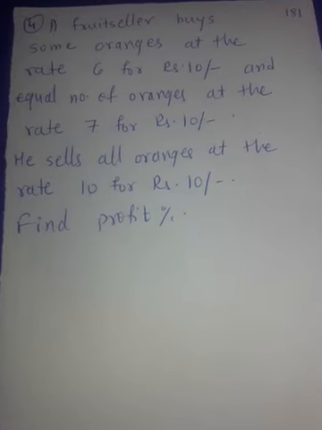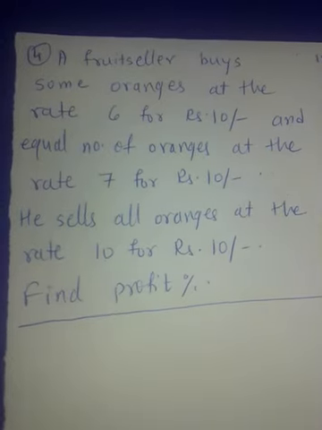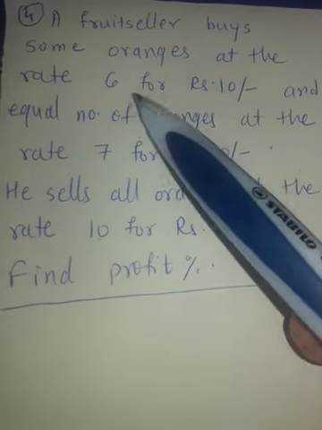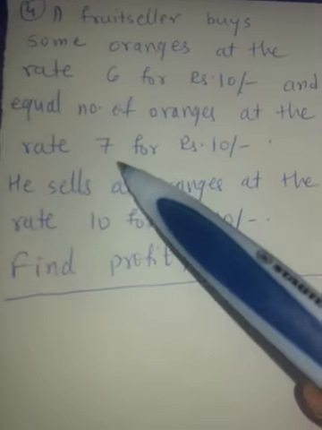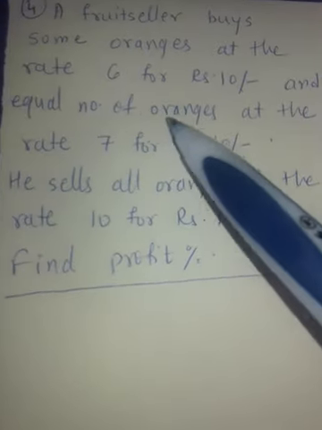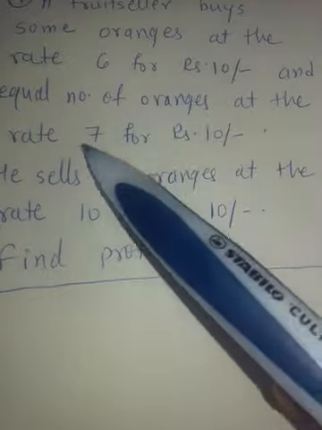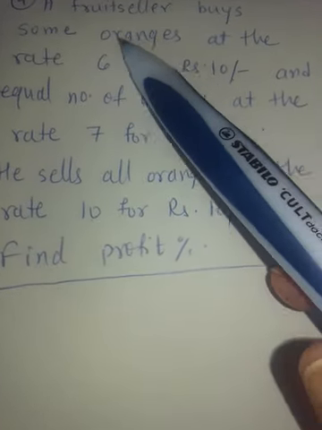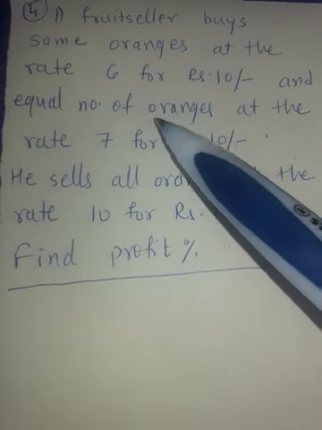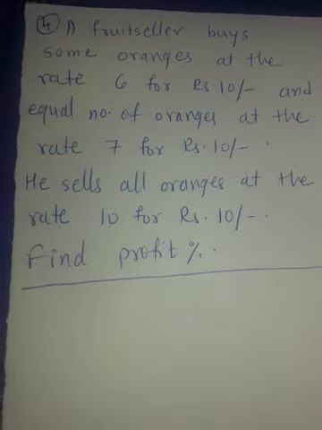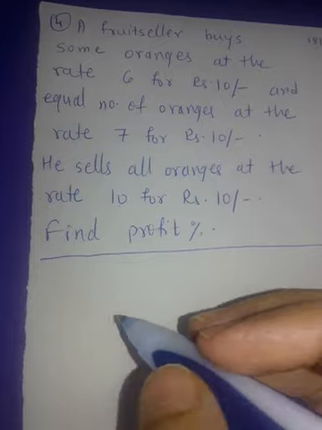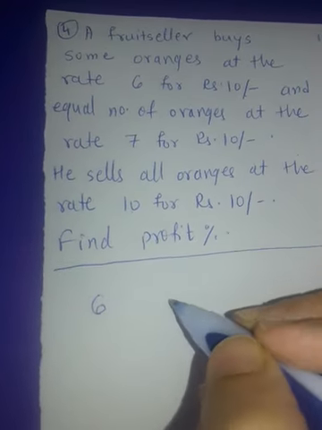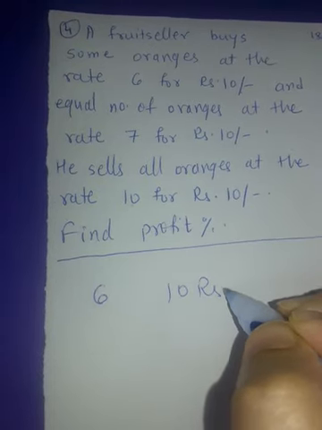Now let's see how to solve this. I can solve this by assuming that he bought X oranges at this rate and X oranges at this rate, because they are saying an equal number of oranges at 7 for rupees 10. So if he bought X oranges at this rate, he bought X oranges at this rate. That I can assume, right? So 6 oranges for 10 rupees.